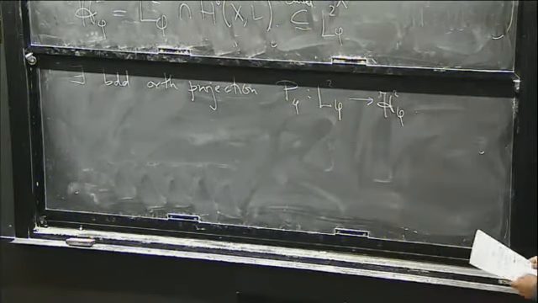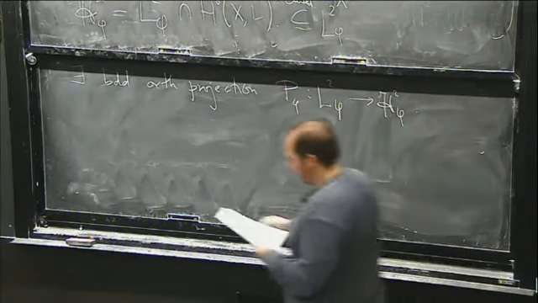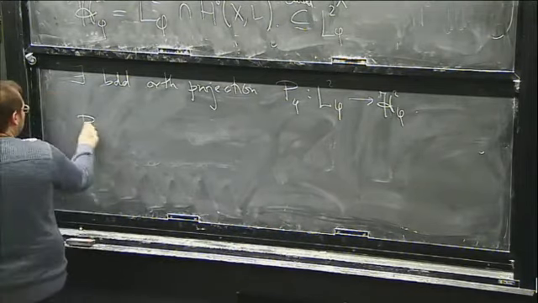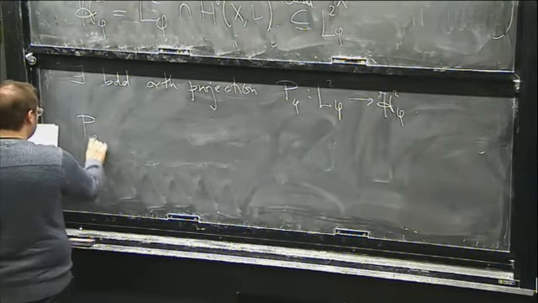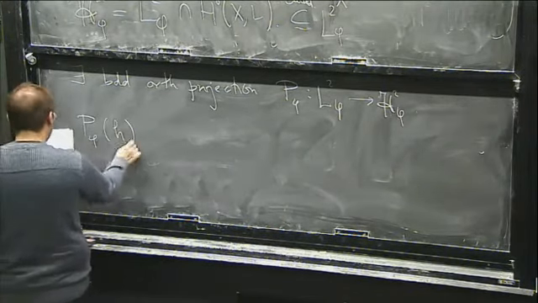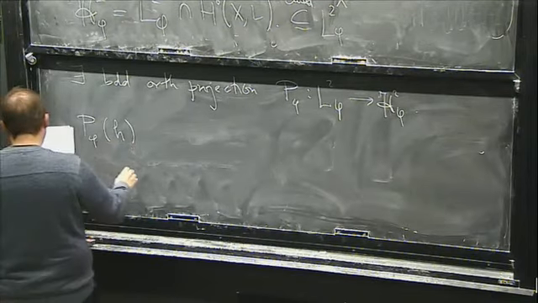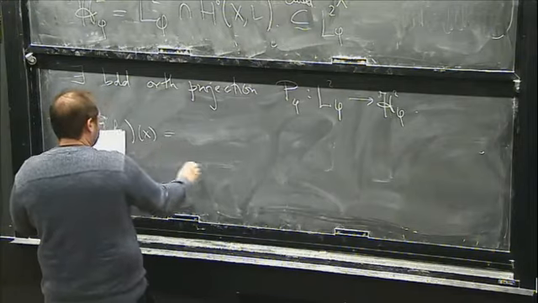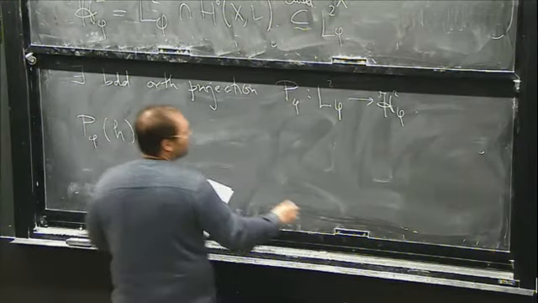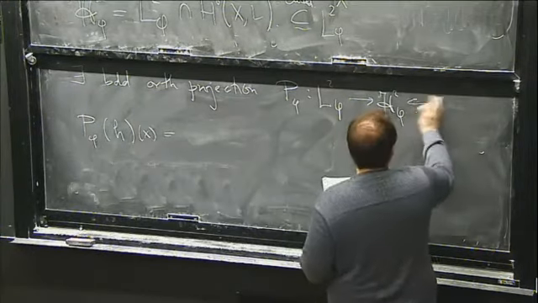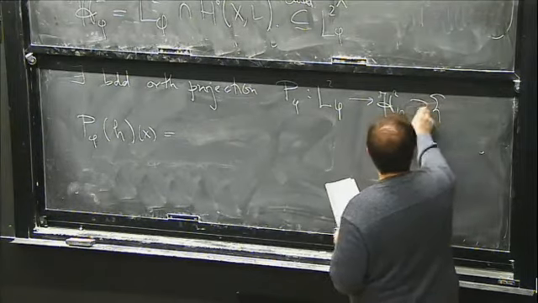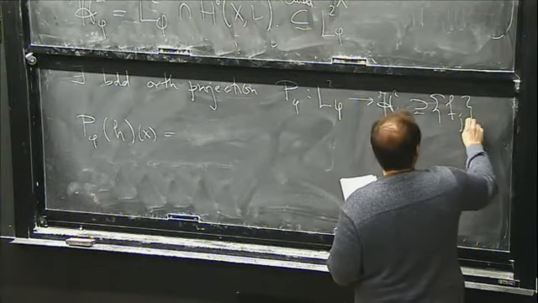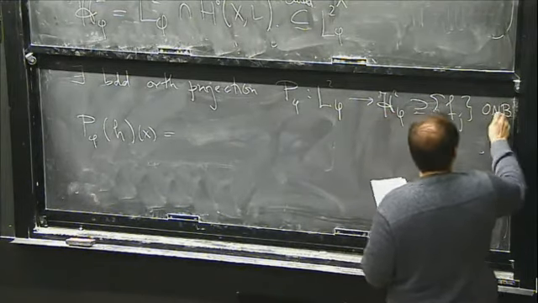Okay, so how do you do that? Well, suppose you want to project a smooth section h. So how do you evaluate P phi of h at some point x? Well, here's what you do. You first choose for this space some orthonormal basis with respect to this L2 norm.